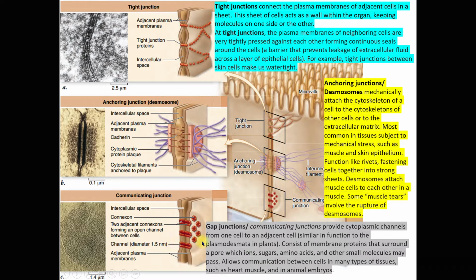So gap junctions consist of membrane proteins that surround a pore, which ions, please take note, sugars, amino acids, and other small molecules may pass. These gap junctions allow communication between cells in many types of tissues, such as heart muscle and in animal embryos.